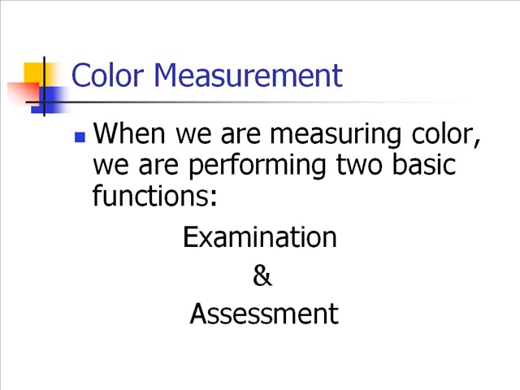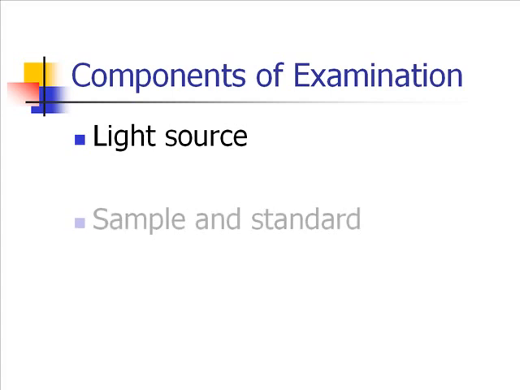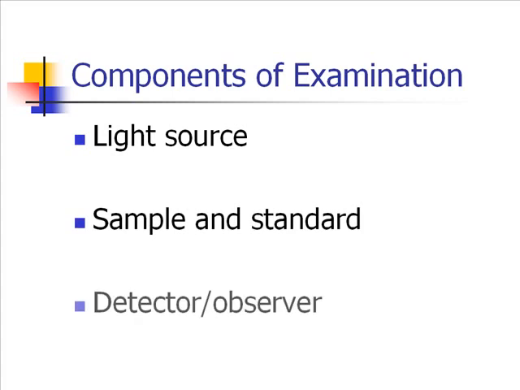So our components of examination, we have to have our light source, sample and standard, and our detector observer. Hopefully by now you have this burned into your mind, we said it enough times. To see color, you've got to have a light source, a sample or an object, and then some kind of detector. First detector we'll investigate is our eyes. Then we'll look at instruments.